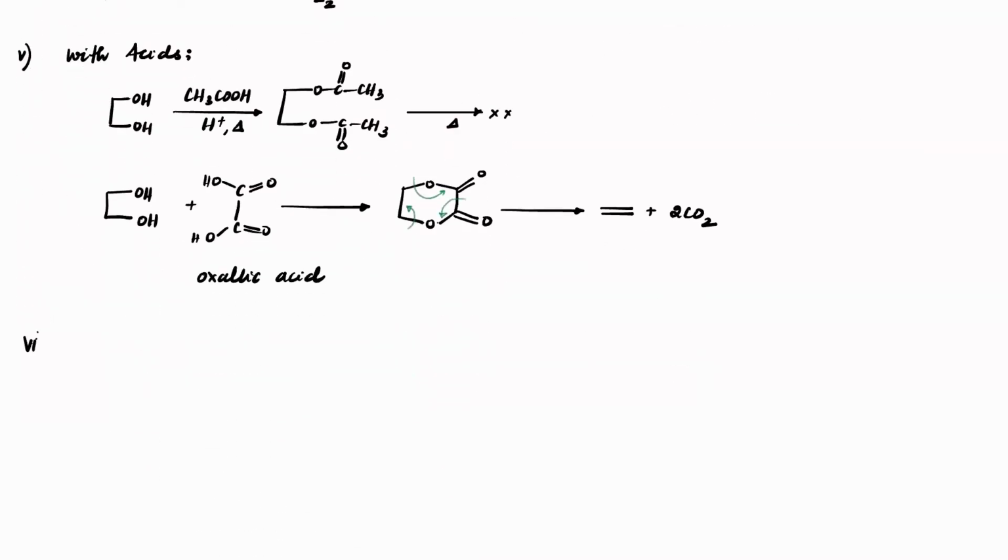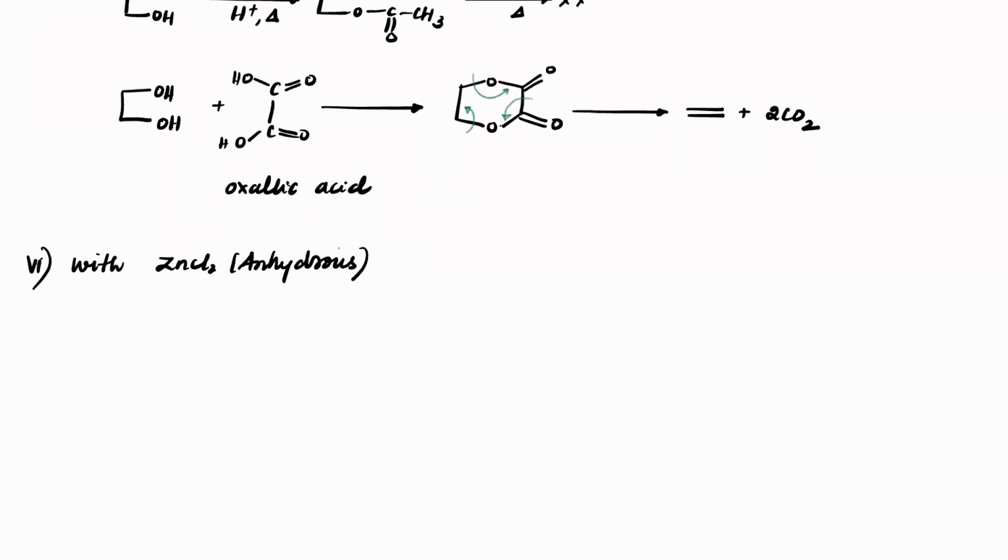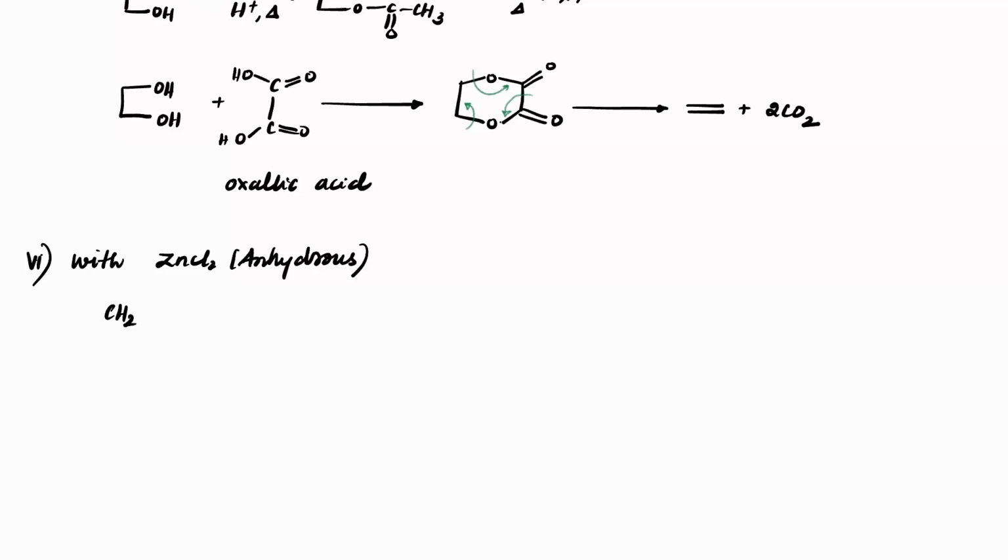Next, sixth, with ZnCl2 anhydrous. It is a simple dehydration here, CH2OH and CH2OH. When you react with ZnCl2 anhydrous, you make a dehydration, so we'll get CHOH double bond CH2.